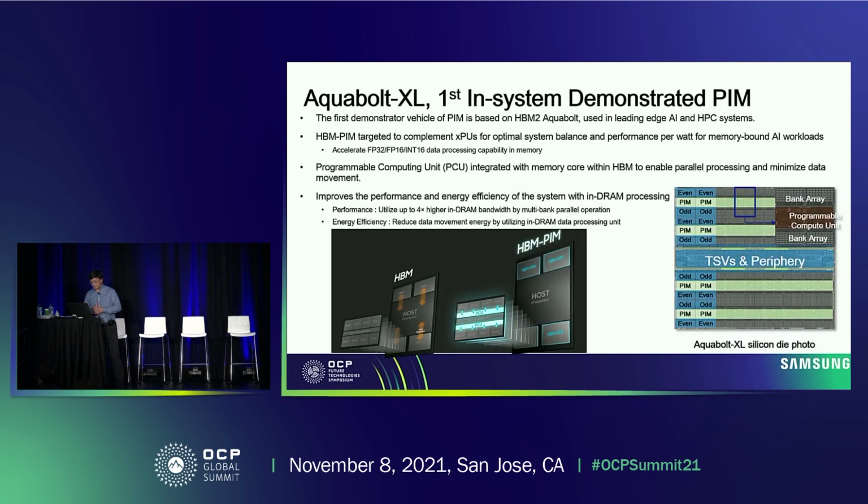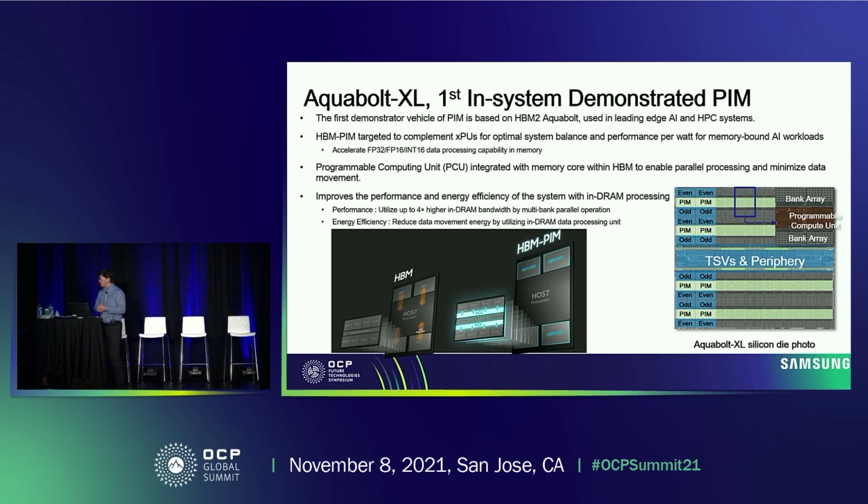One of our first efforts in this area is what we call HBM-PIM. It's the first in-system demonstrated processing in memory. It's based on a commercially shipping HBM2 device, Samsung's HBM2, which is shipping in current leading-edge AI and high-performance computing systems.